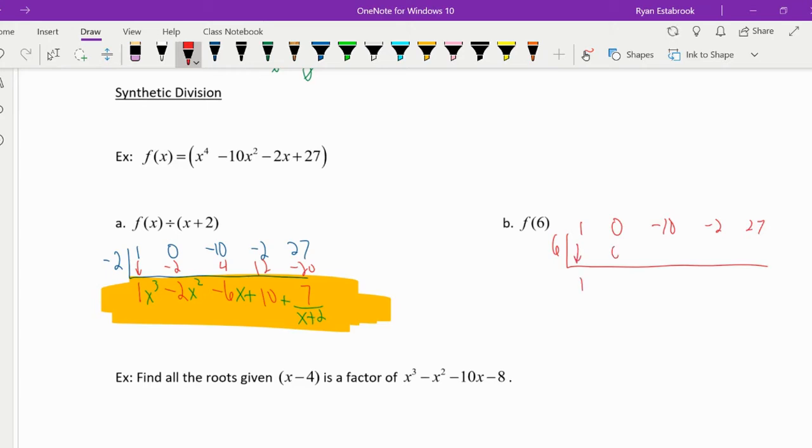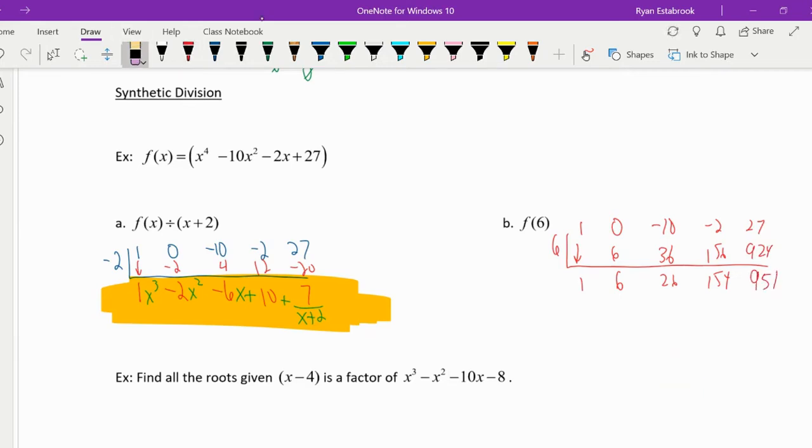So we'll go through this: 6, 6, 36, 26. 26 times 6 is getting pretty big. That's 1, 6, 1, 4, 154 times 6. 924. So when we add those together, we get a total of 951.